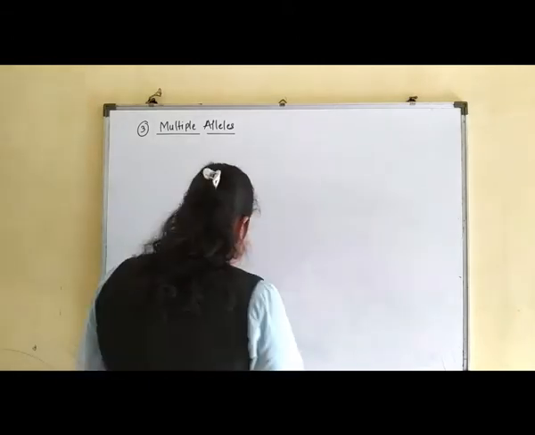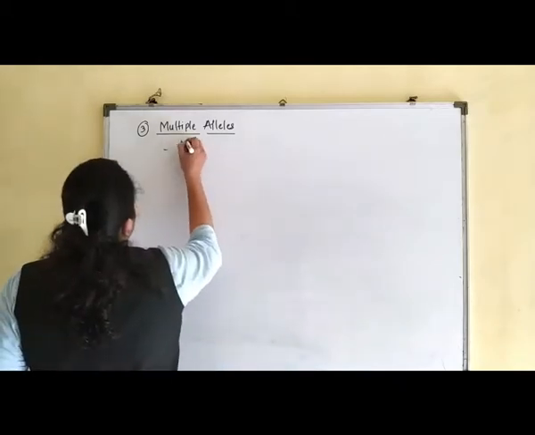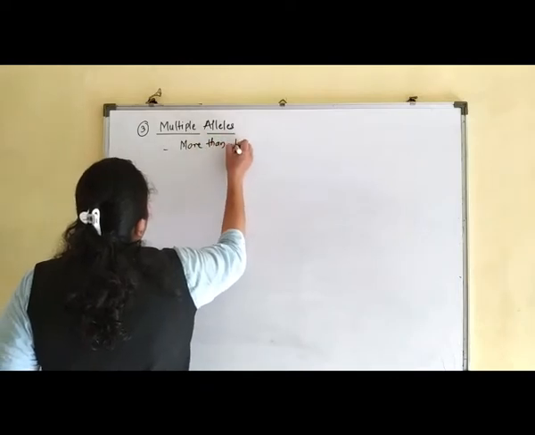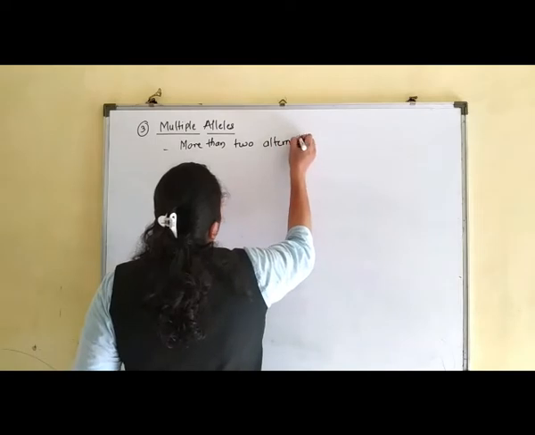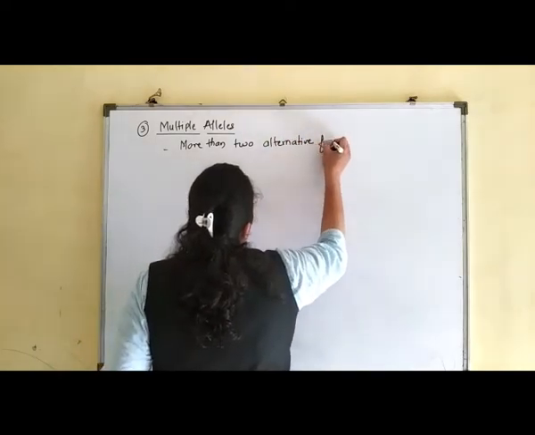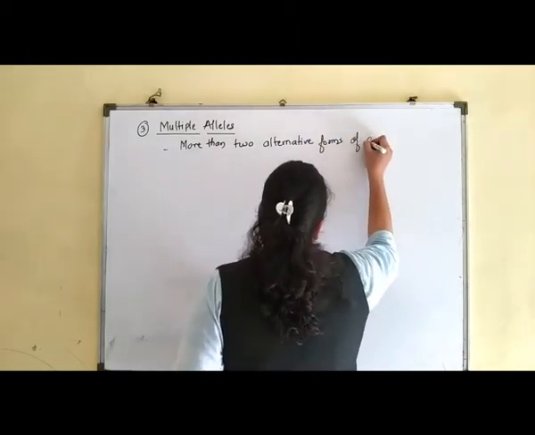So in multiple allelism, there are more than 2 alternative forms of the same gene.